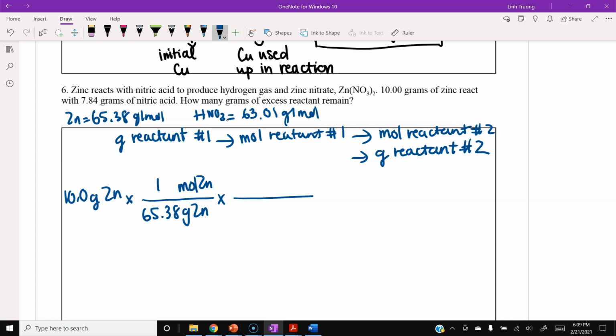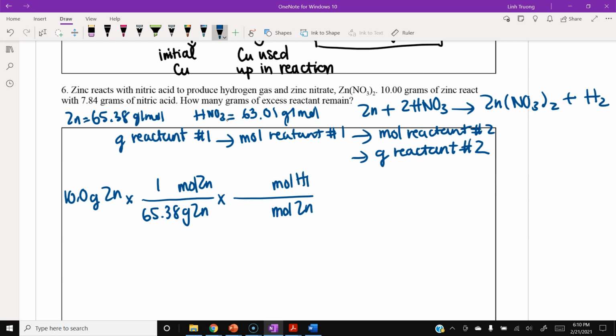So knowing the chemical equation, 1 mole of zinc at the bottom and then 2 mole of nitric acid at the top, and I get 2 to 1 from our balanced chemical equation. And then going from mole of nitric acid back to gram, using the molar mass, which is 63.01 gram.